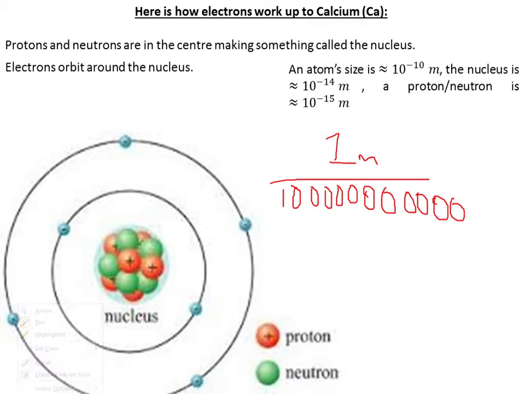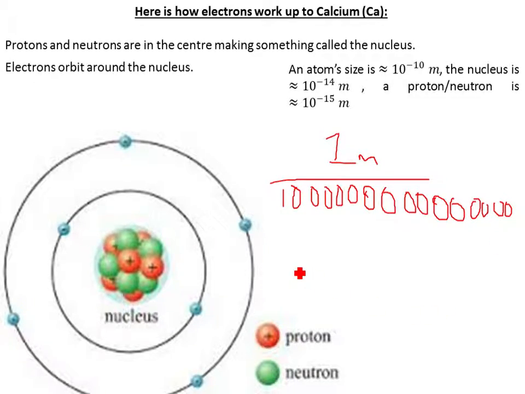But like in a hydrogen, basically 99% of the atom is going to be empty space because the electrons don't orbit this close and the nucleus isn't that big. The nucleus is 10 to the power of -14. So now we add 1, 2, 3, 4.